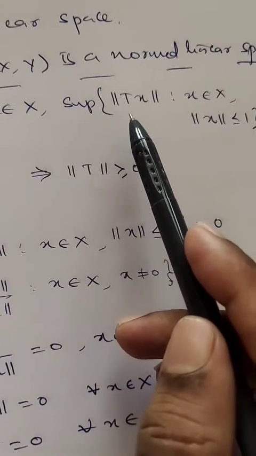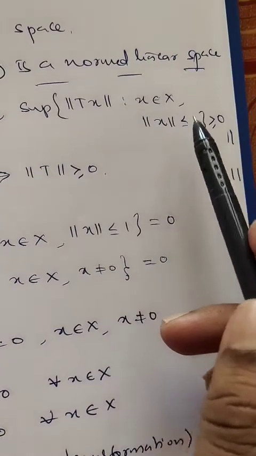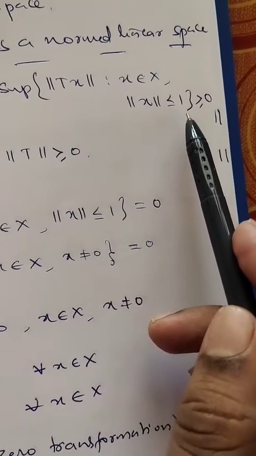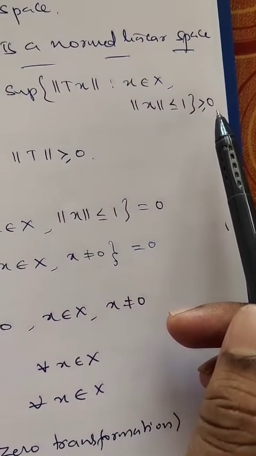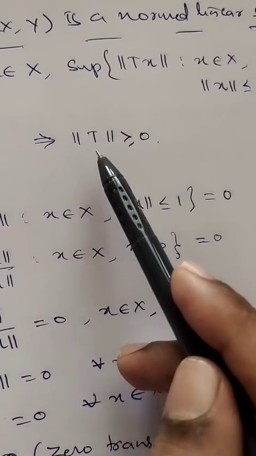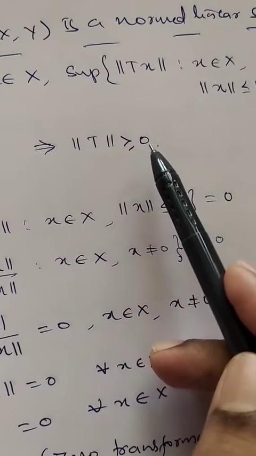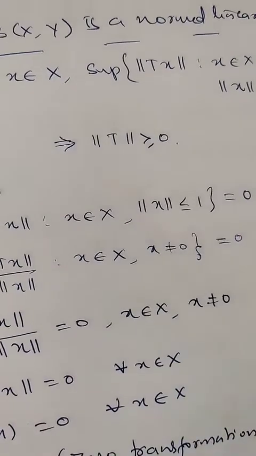So the supremum of norm of T of x such that x belongs to X, norm of x is less than or equal to 1, is greater than or equal to 0. This is nothing but norm of T. Therefore norm of T is greater than or equal to 0. This is condition 1.